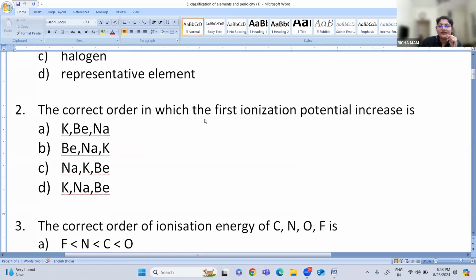Next question. The correct order in which the first ionization potential increases is... We have seen how ionization potential increases and decreases. Four sets of options are given. Looking at the placement of these elements, firstly, how does ionization potential vary across the period and down the group?